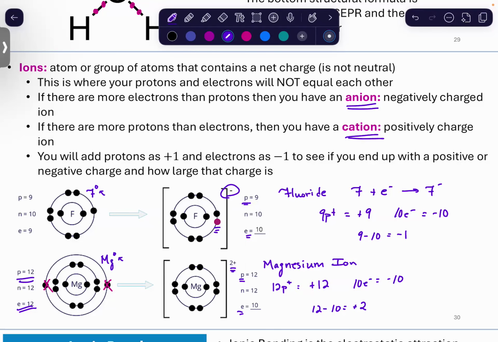If we look at a generalized chemical formula for the magnesium ion, magnesium becomes magnesium 2+, and it gave off 2 electrons. So you could do this with every ion across the periodic table.